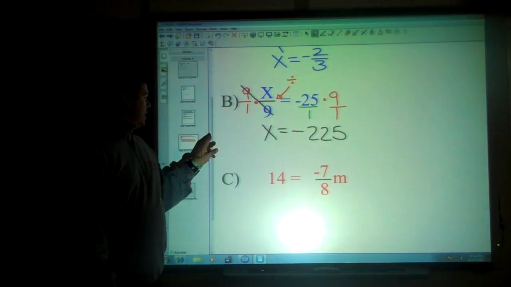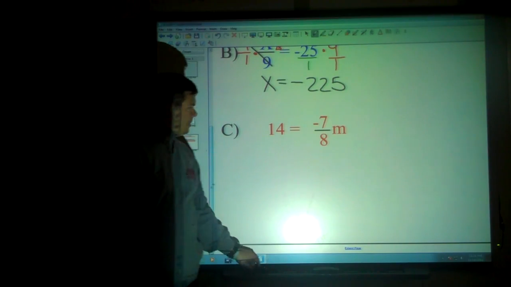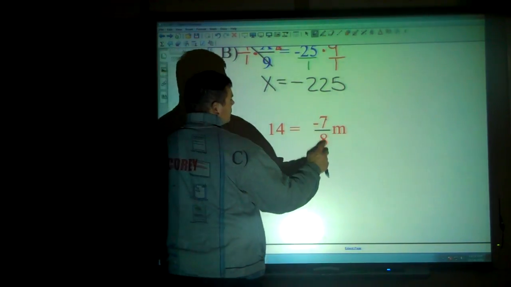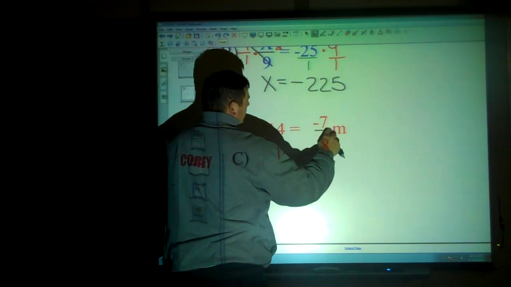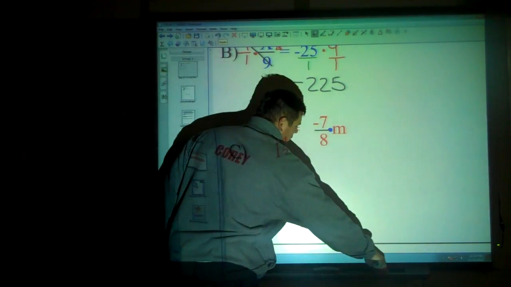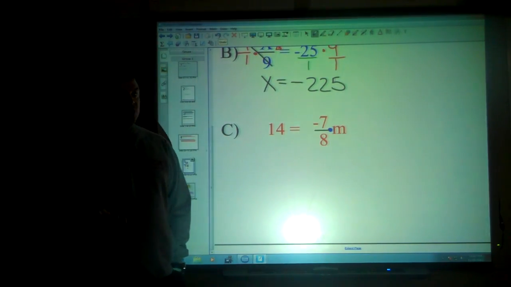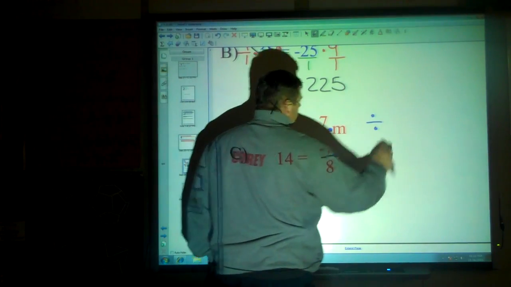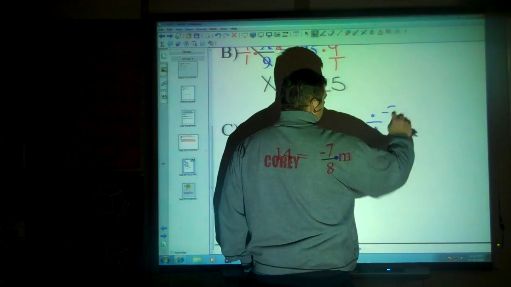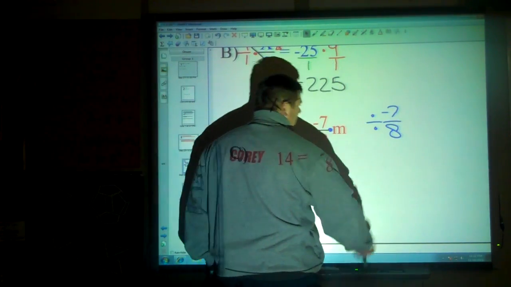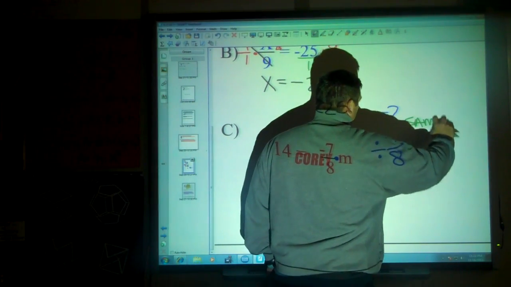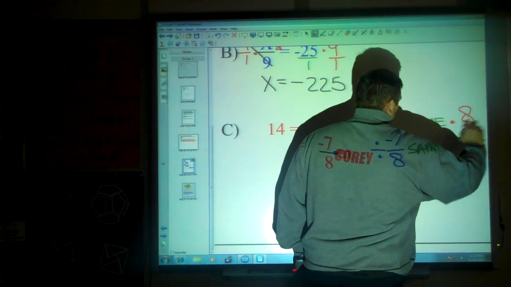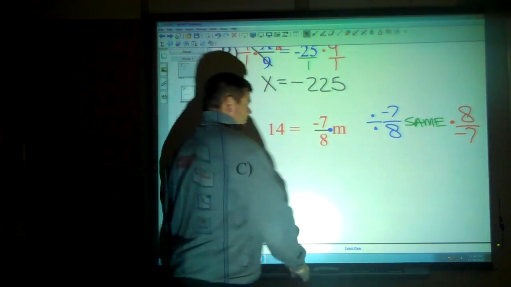Alright? Last one. This is a little trickier, but it's still kind of the same. In between the negative 7/8 and the m is a multiplication sign. So we know we want to do the opposite of multiplying. The opposite of multiplying is to divide. But we've already talked about that dividing by negative 7/8 is exactly the same as multiplying by the reciprocal.